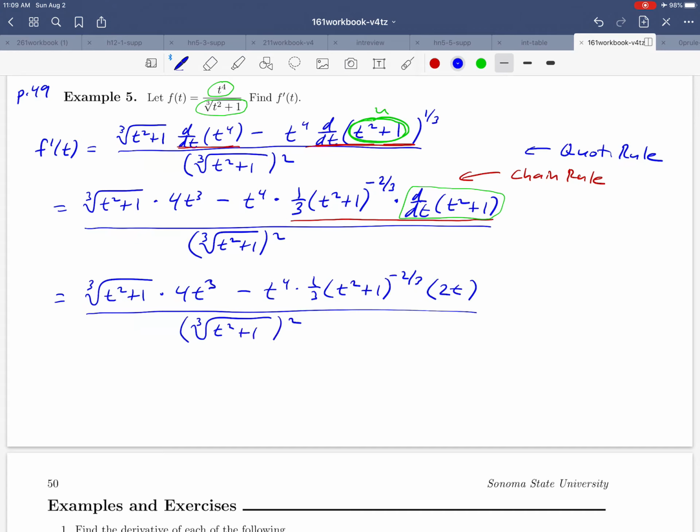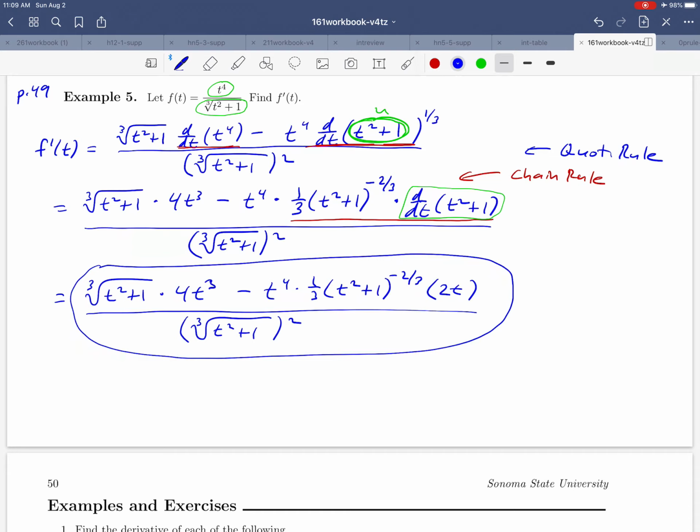Looking at that expression, it looks like we have taken all the derivatives that need to be taken, and we are done. Notice that's a pretty long expression, but it illustrates how you can use these derivative rules to take a complicated function, break it down into pieces, and step by step arrive at your derivative.